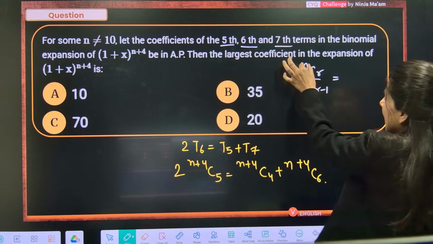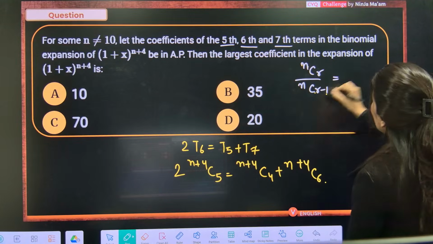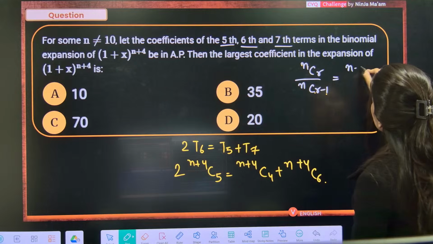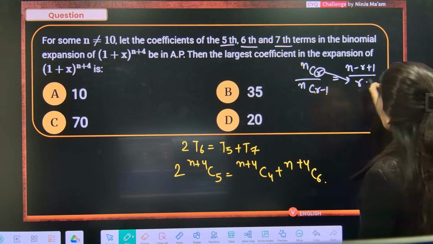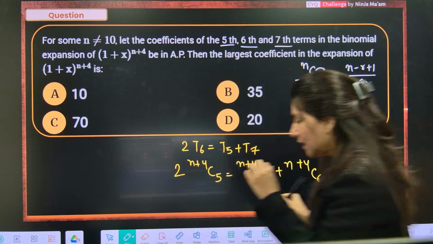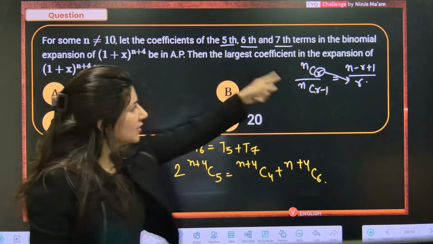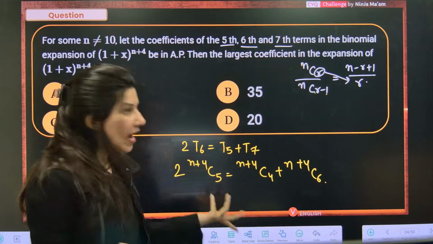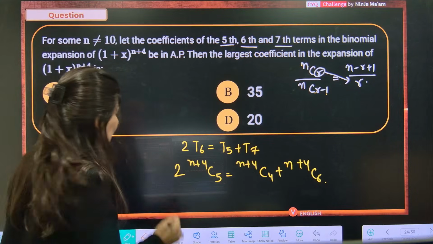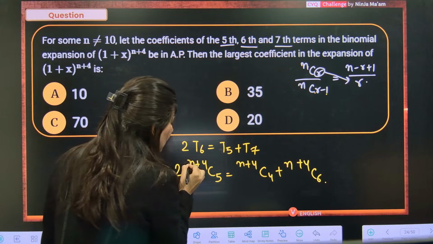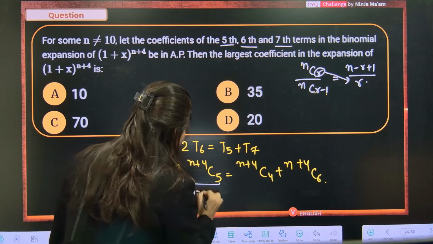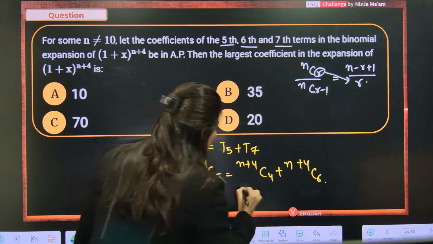It is n minus the lower index of the denominator, so n minus r plus 1, upon this r right here. So let's use this property. But to use it, we need a ratio, and here I can't see any ratio. Let me show you. Divide this whole equation by n plus 4 C5 to get the ratio.